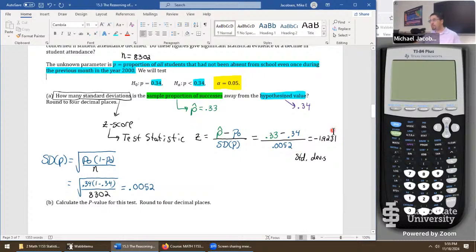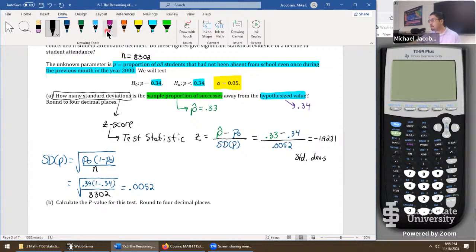And now we know that this value, p hat at 33%, is almost 2 standard deviations from the value in the null hypothesis. That's pretty far away. If the probability of that happening is below 0.05, we will reject the null hypothesis. So that's essentially the logic of hypothesis testing. Let's put that down on paper, actually.